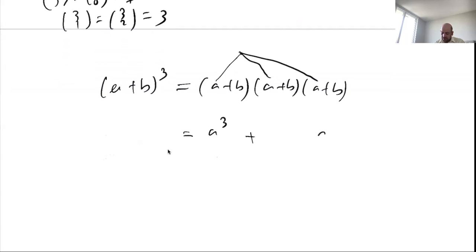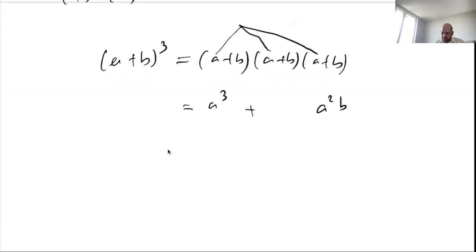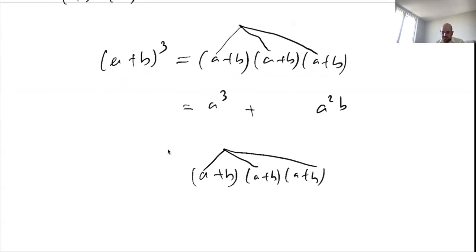And then I have some a squared b term. To get a squared b term, I have different ways to get a squared b. So one way is that I can choose a from the first and second bracket and b from the last bracket. Then I get a squared b. So then I will have one a squared b that way.